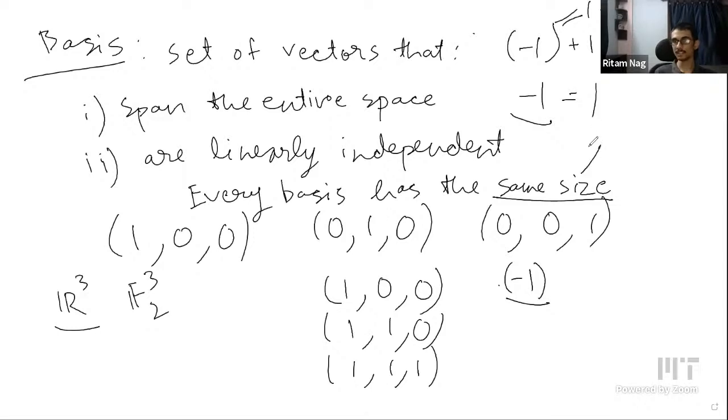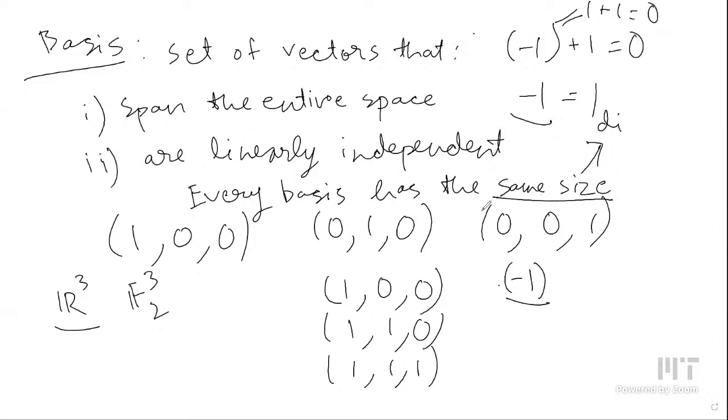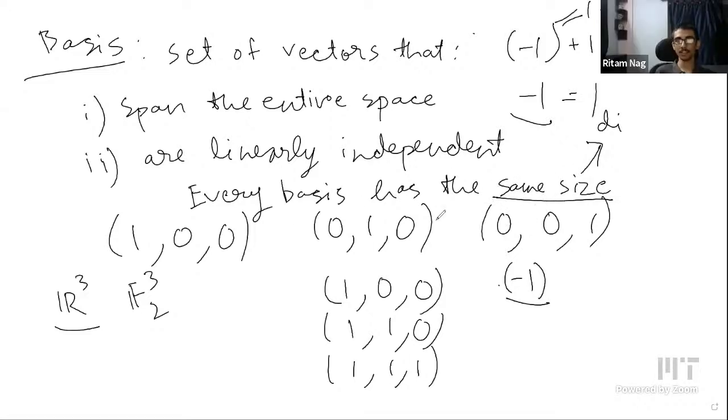In fact, this common size is defined to be the dimension. So the dimension of a vector space is simply the size of some basis.